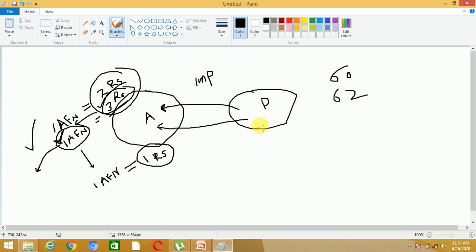So the imports of Pakistan will increase, and the exports of Afghanistan will increase. And when exports increase, the current account goes to a better position. And when imports increase, the current account goes into a worse position.